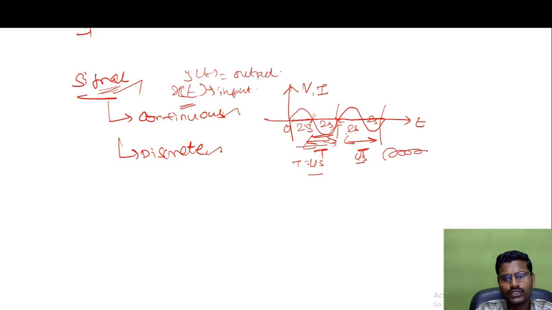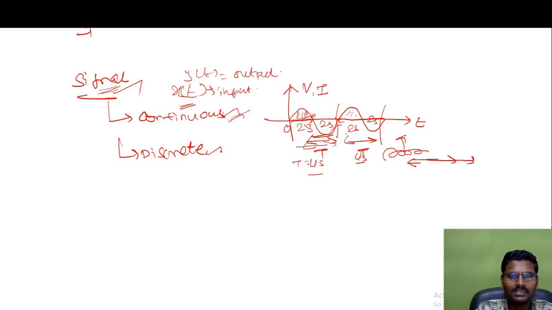Similarly, the repetition of the same pattern denotes the signal is a continuous signal. There will not be any breakage, there will not be any discontinuities in the signal. If it is like this, then the signal is known as a continuous signal.